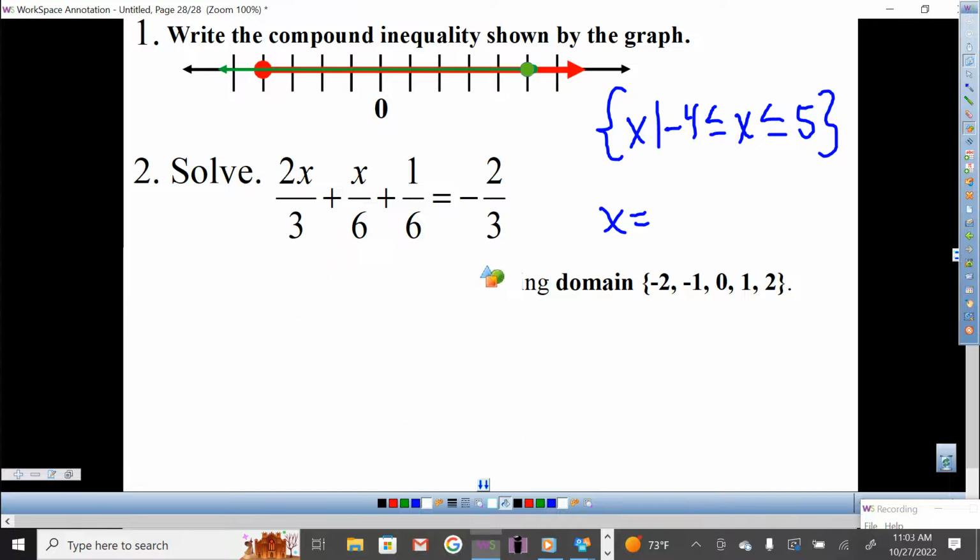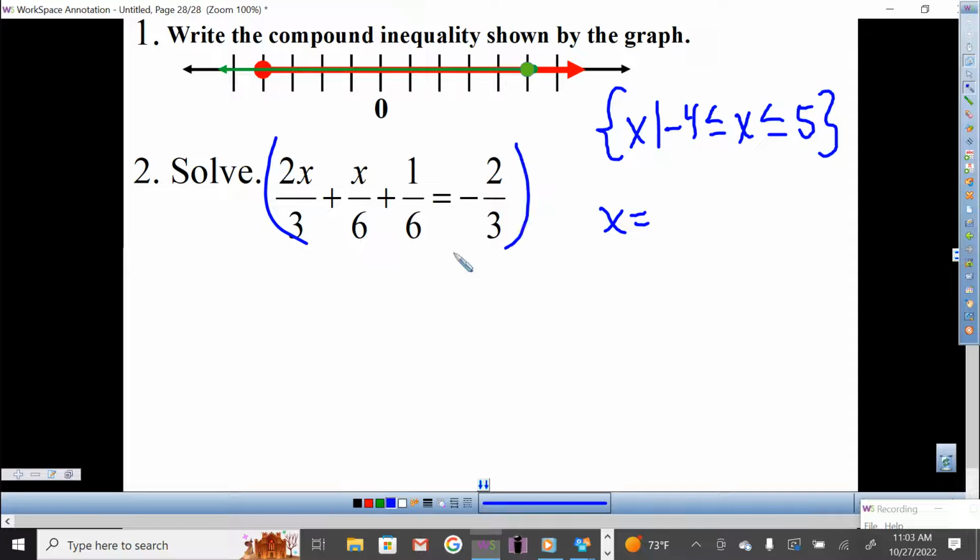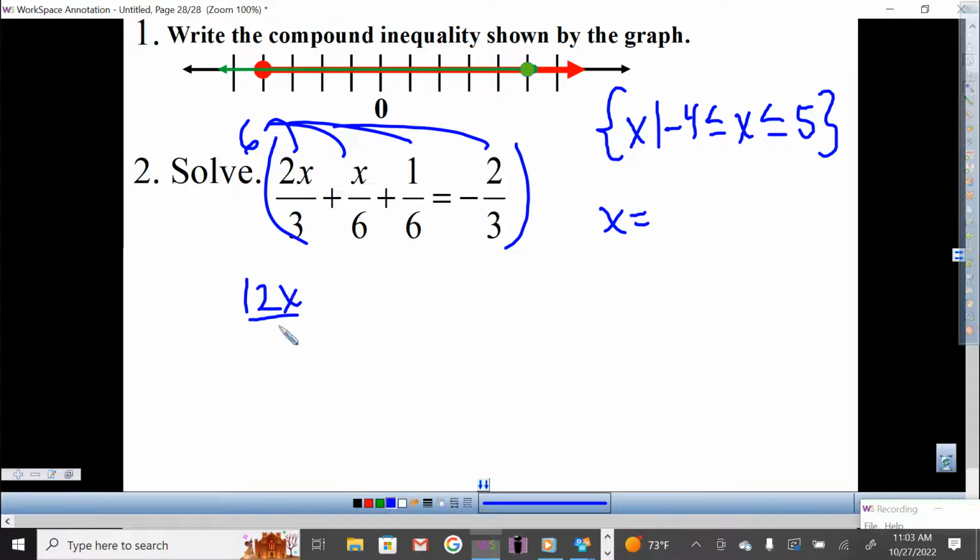So, common denominator, Jaden. 6, distribute. 12x over 3 plus 6 over 6 plus 6 over 6 equals -12 over 3.